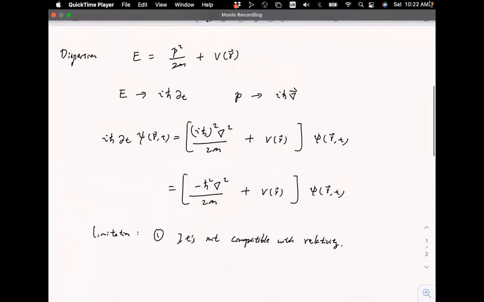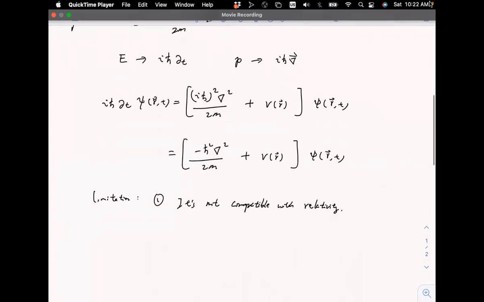I mean, you can already clearly see this derivative on time is a first derivative, and this derivative on space is a second derivative. There's no way that after the Lorentz transformation you can maintain the same. Okay, because the Lorentz transformation shows you the transformation between time and space, right? But here the time is a first derivative, the space is a second derivative. You can clearly see that if you do the transform, you're going to mess up the equation. Okay, so it is very obvious that this equation is only good in the non-relativistic limit.